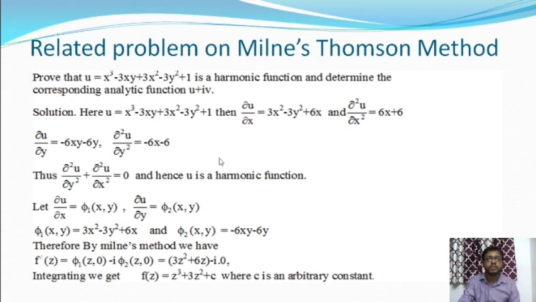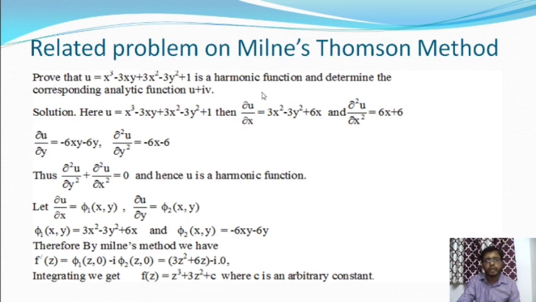So the first problem is to prove that u, where u is equal to x to the power 3 minus 3xy plus 3x square minus 3y square plus 1, is a harmonic function.